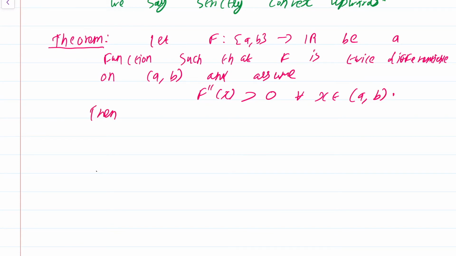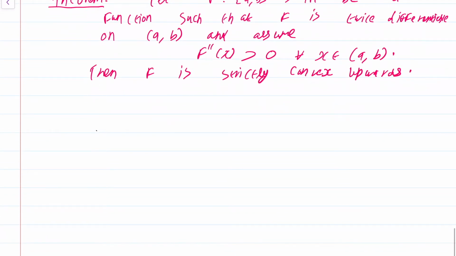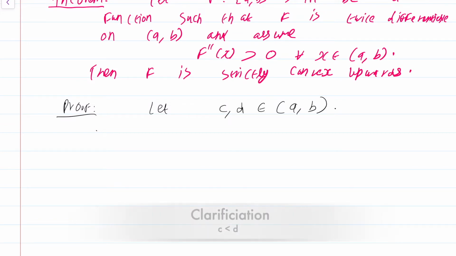Then f is strictly convex upwards. Now the proof. Let c, d belong to the open interval (a,b).